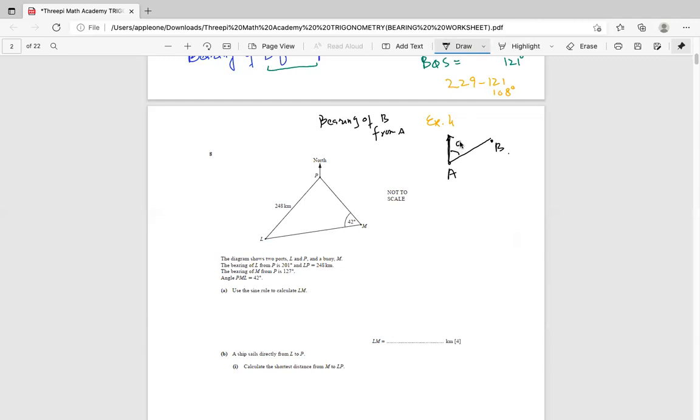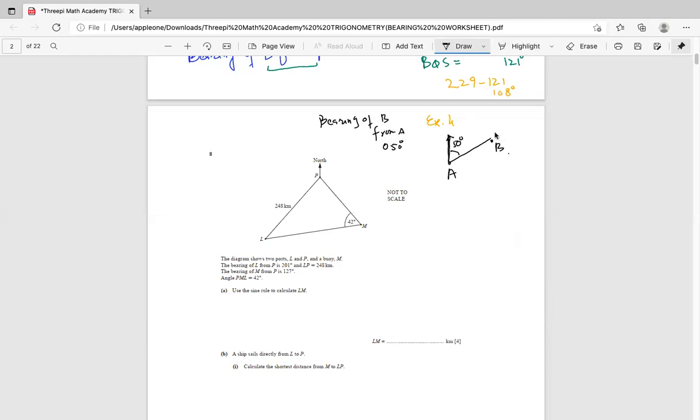So this is 50 degrees, and the bearing is 050 degrees. Yes, because that's bearing. When you write angle, the angle is 50 degrees. You don't need to write 050 degrees there. But if it's bearing, then you write that in 3 digits.